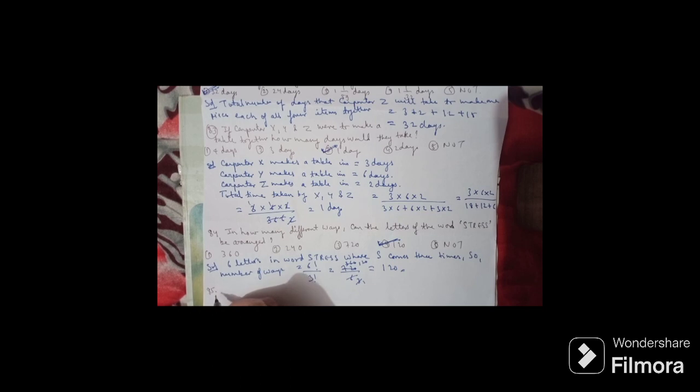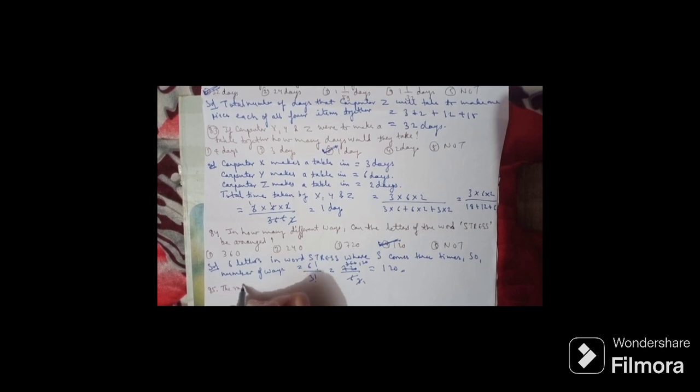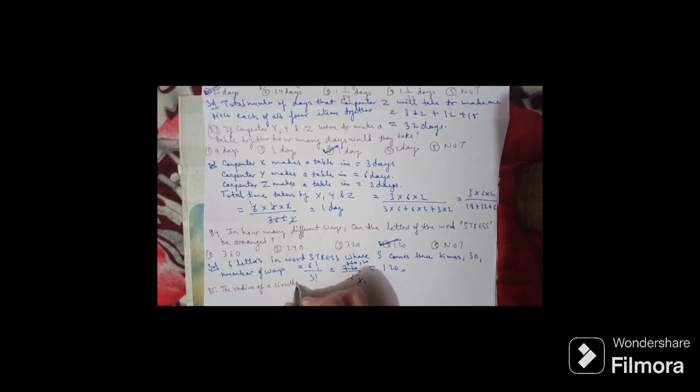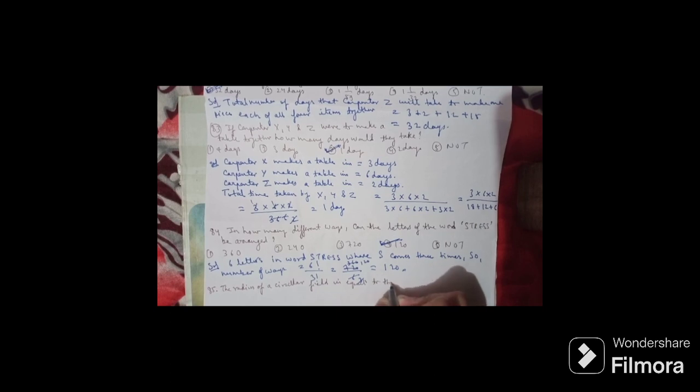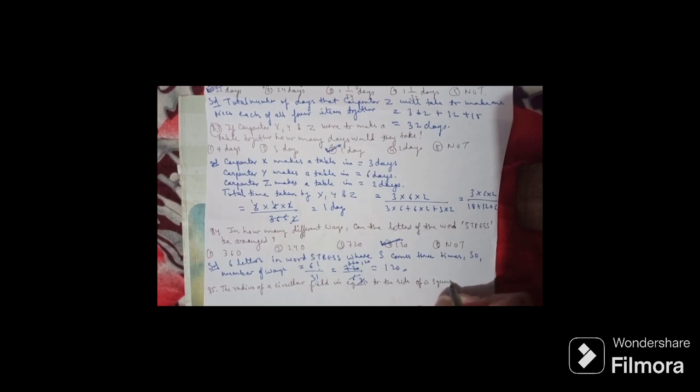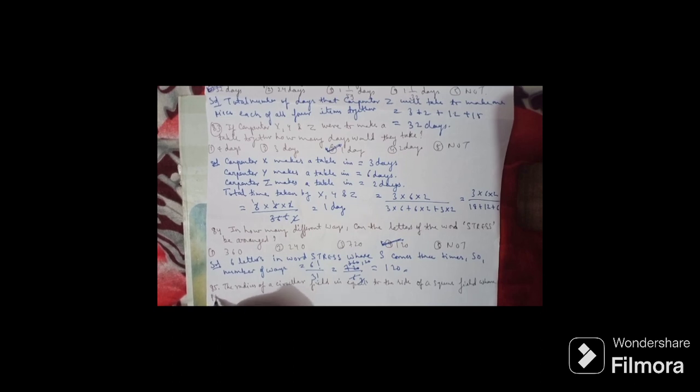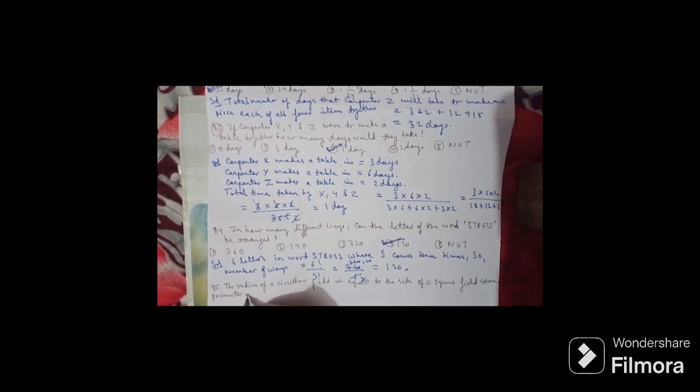85th. Now, the radius of a circular field is equal to the side of a square field whose perimeter is 784 feet.